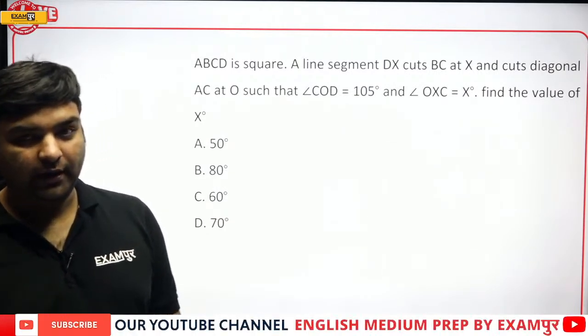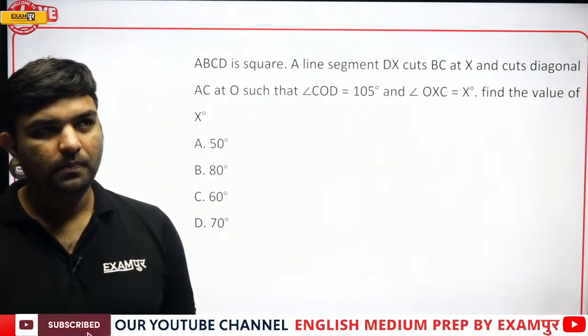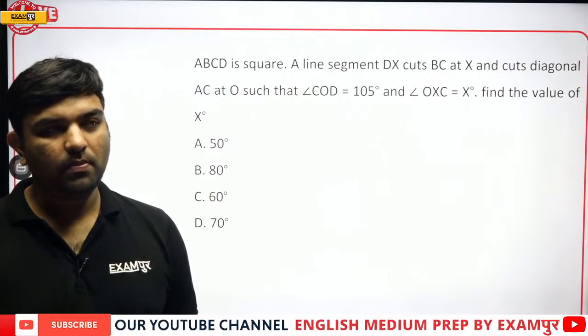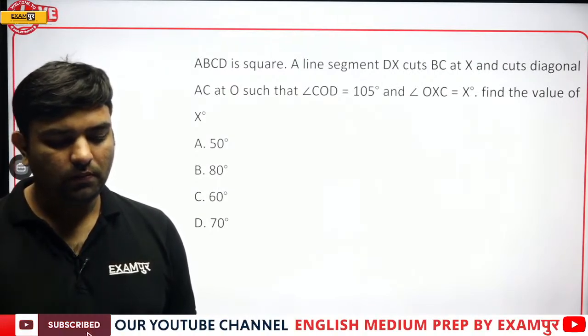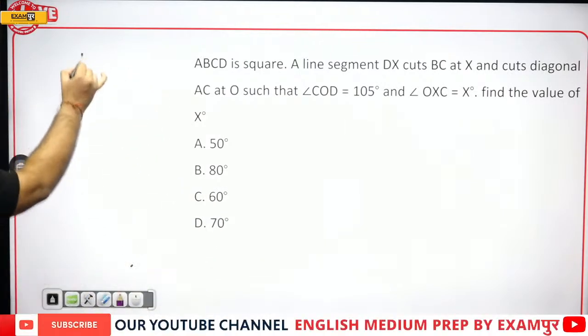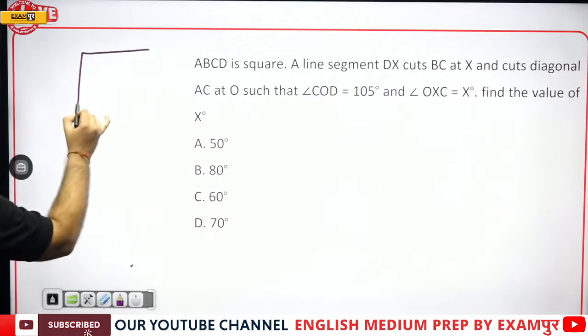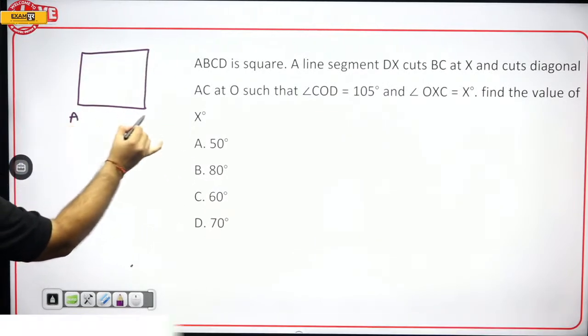Come on. Read it very carefully. ABCD is a square. Square is a figure in which all sides are equal.